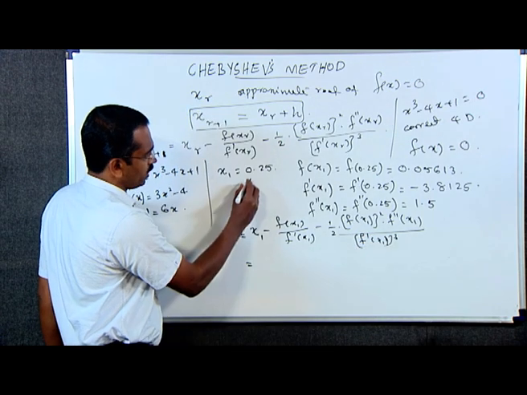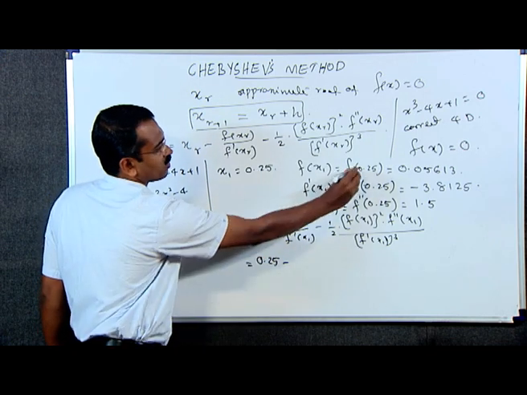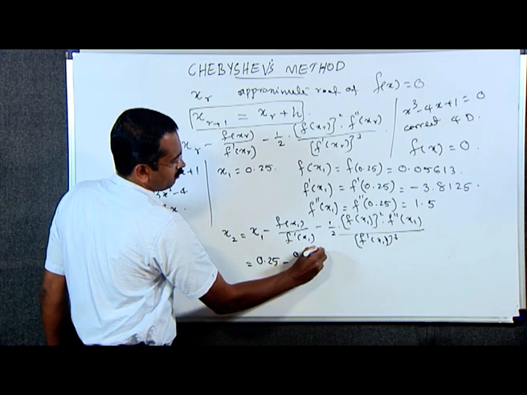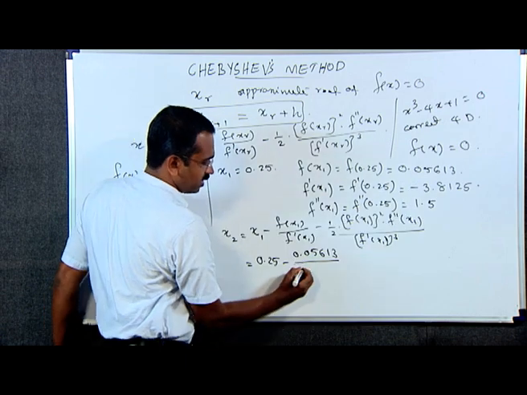This is equal to x1 is 0.25 minus f of x1 is 0.05613 divided by f dash of x1 is negative 3.8125.